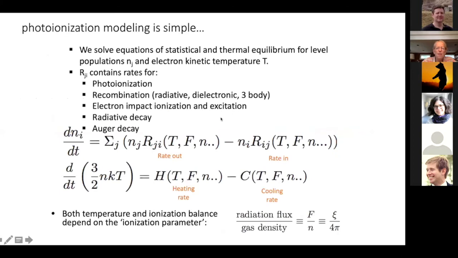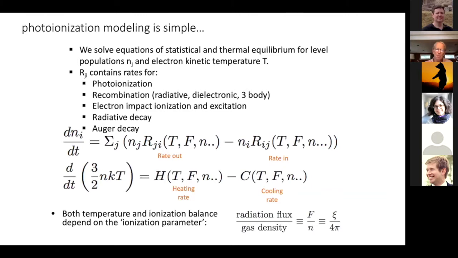So photoionization modeling is simple. In a sense, it's very much like collisional plasma modeling. We have statistical equilibrium, which determines the level populations of the constituent atoms and ions in the gas, and you need to calculate that, and then you need to calculate the emission or absorption that's associated with those level populations.